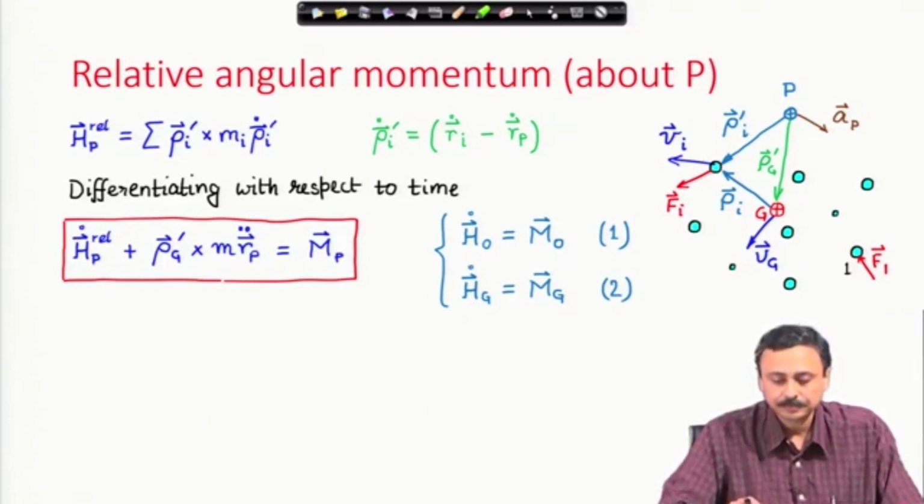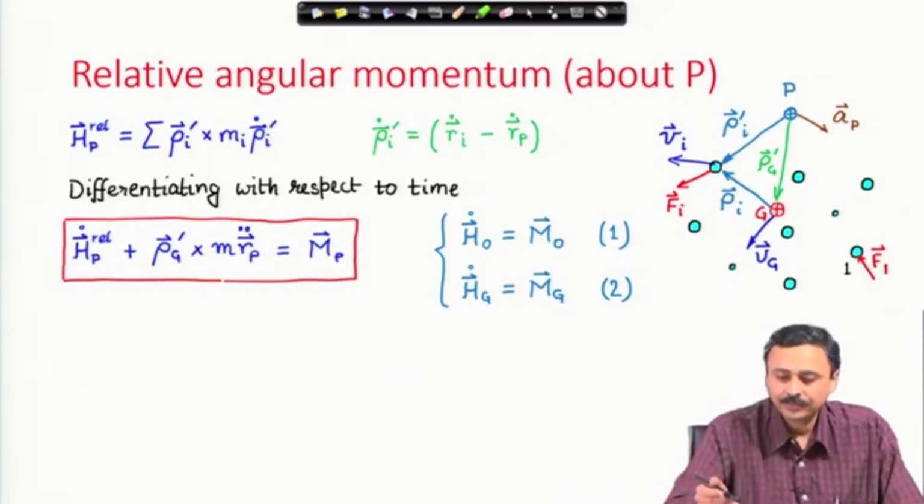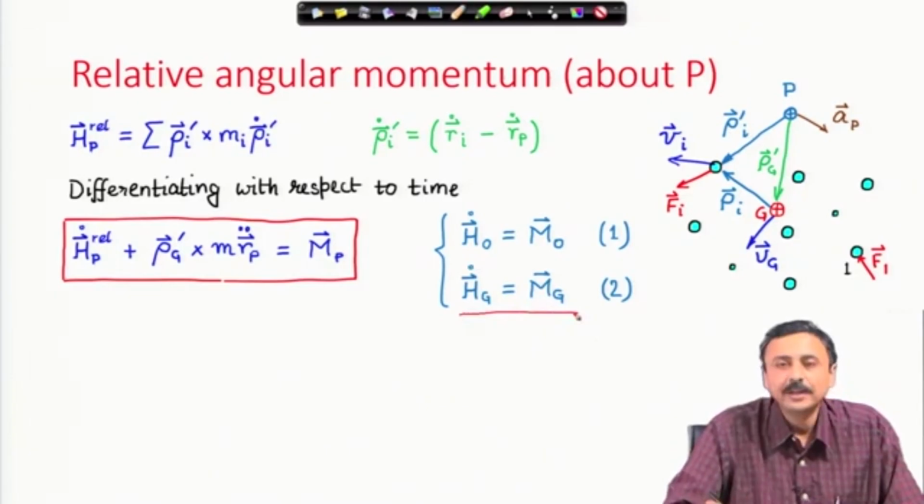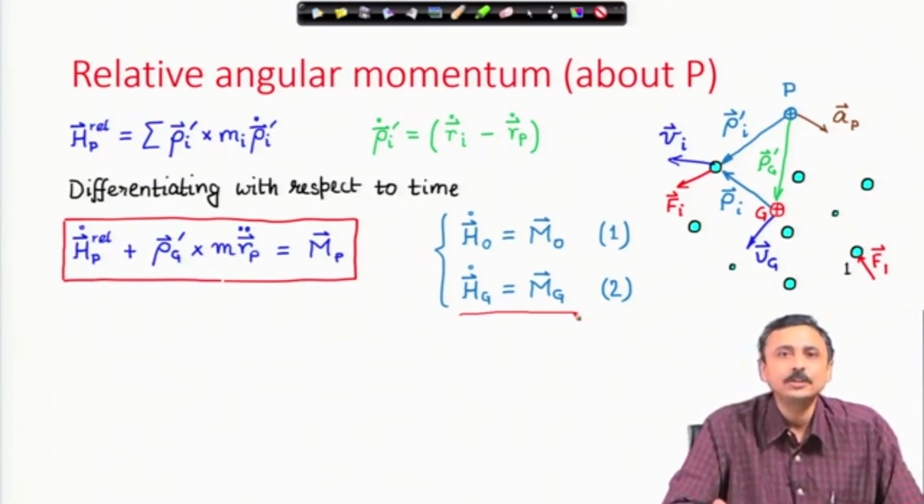Let us now look at under what conditions, because this equation is quite simple. The rate of change of angular momentum about some point is equal to moment about that point. This is the simplest form of angular momentum equation that you can have, and this is analogous to the generalized Newton's second law, which is rate of change of linear momentum is equal to force.